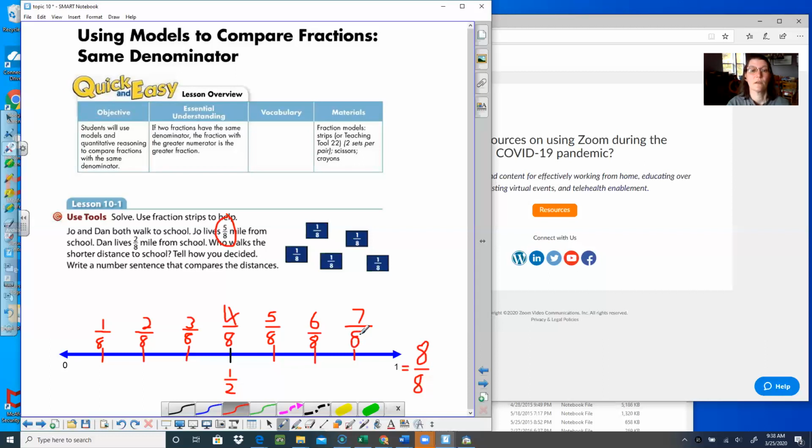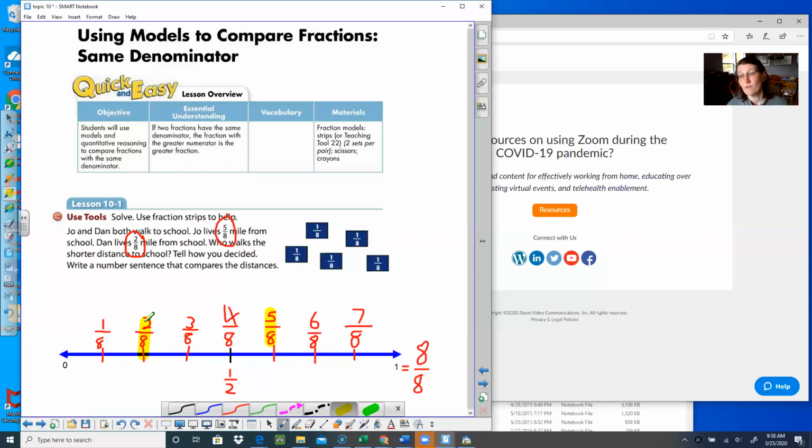Okay, so now I'm going to look back to the problem and figure out what they really wanted me to do. They mentioned 5/8 and they mentioned 2/8. So I'm going to highlight 5/8 and 2/8. It wants to know who walked the shorter distance.